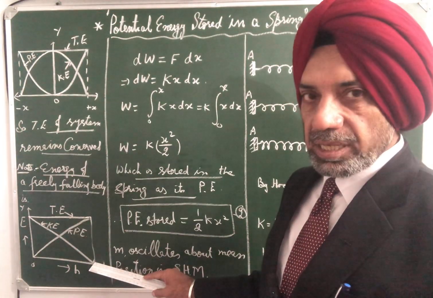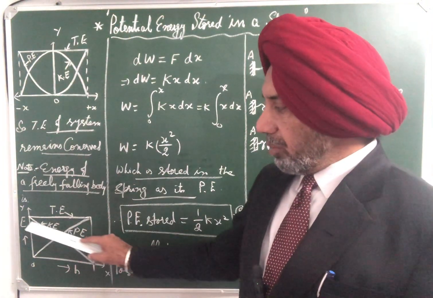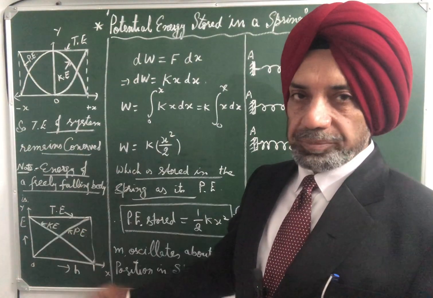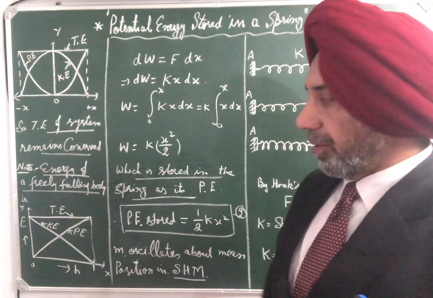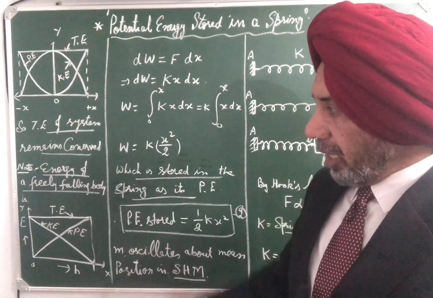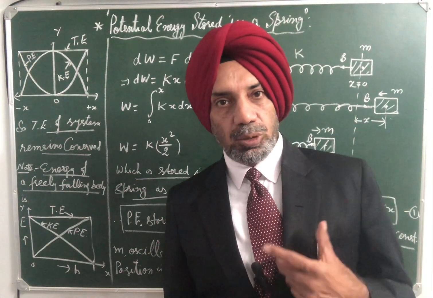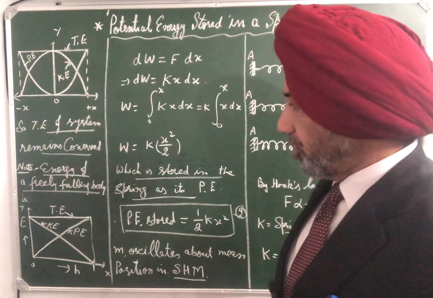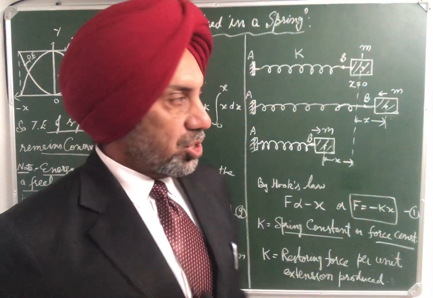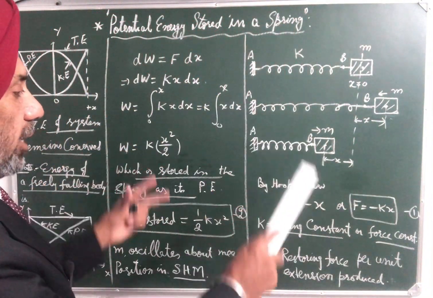At height h, kinetic energy is minimum, but kinetic energy is maximum at the bottom. Total energy is again constant here. So both the energy of a freely falling body and the potential energy stored in a spring obey the law of conservation of energy. So this is all about potential energy stored in a spring.